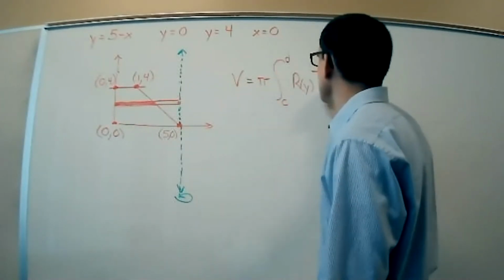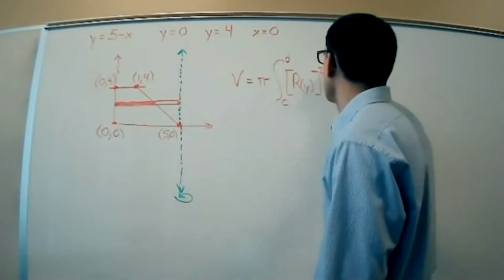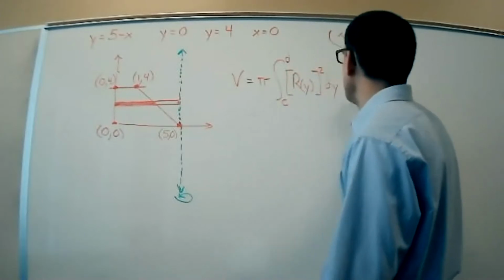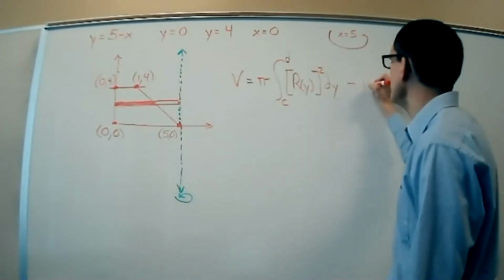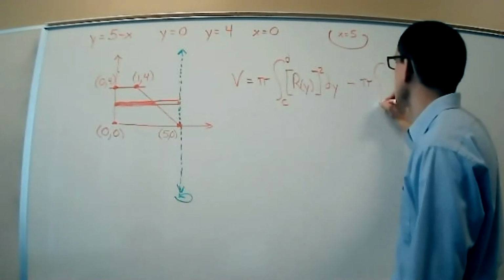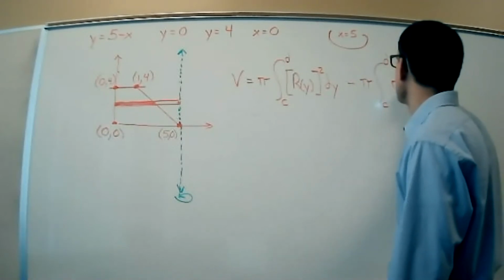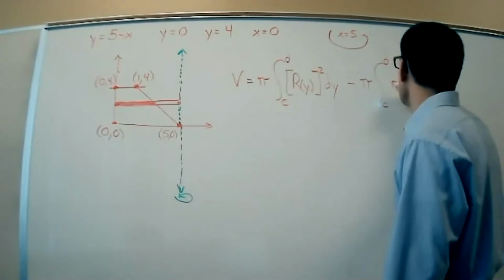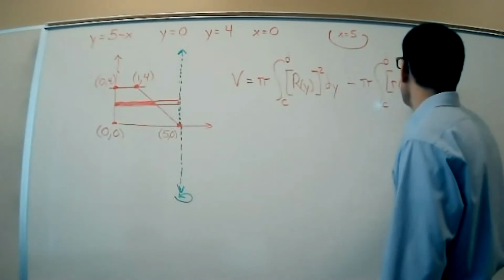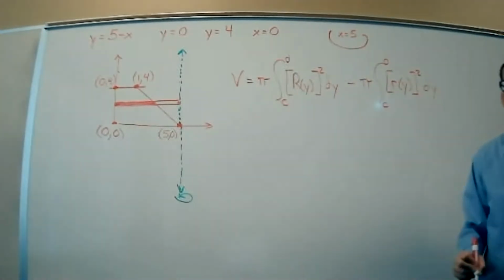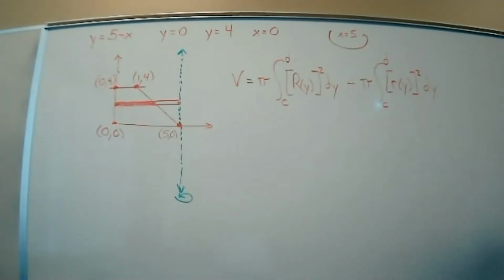Now the washer method, when we do it with respect to y, the change is only between using the letter x and the letter y. And then when we deal with our integration, everything has to be done with respect to y. All right.